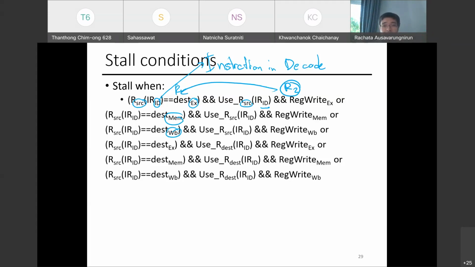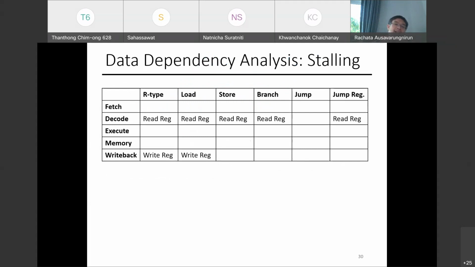If you need R2 and no one is producing R2, you don't have to stall. This is basically a block that you can put in the hardware design that says stall when this is true. It's a logic statement that describes what I explained in the earlier slides. If the next instruction depends on some instruction in the pipeline, wait until they're written back, then you can resume.